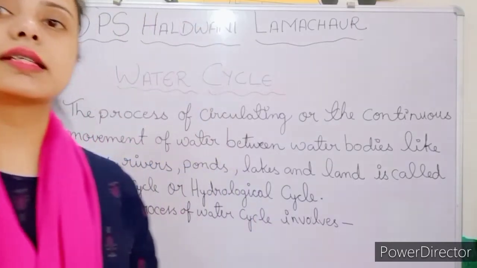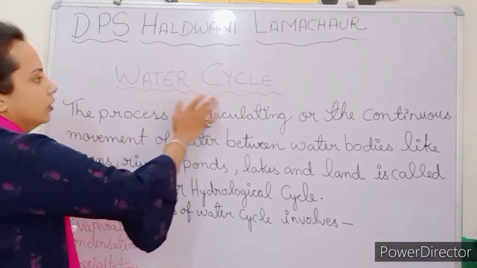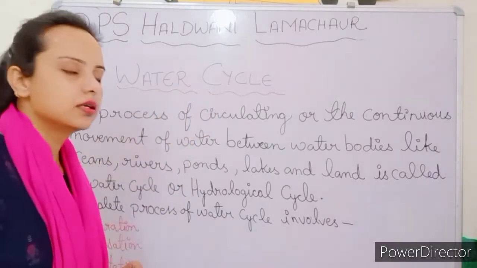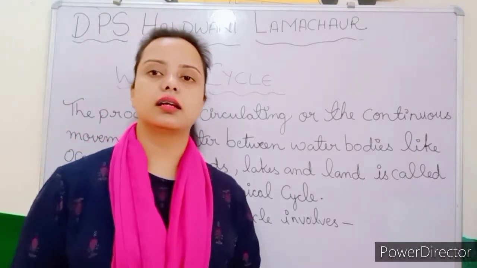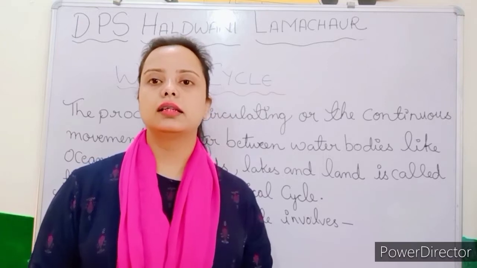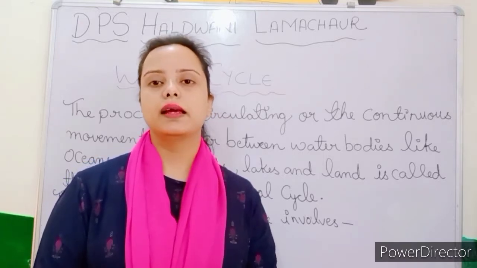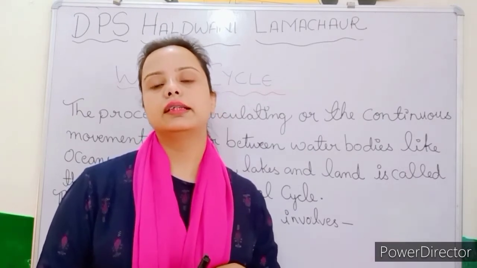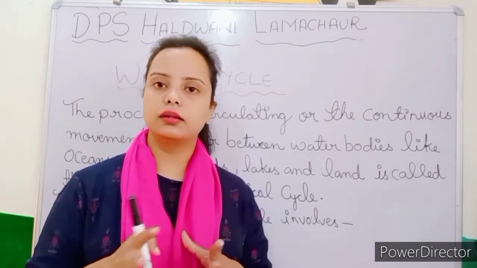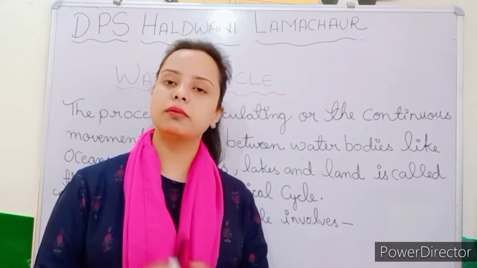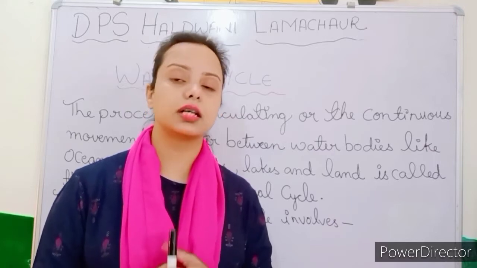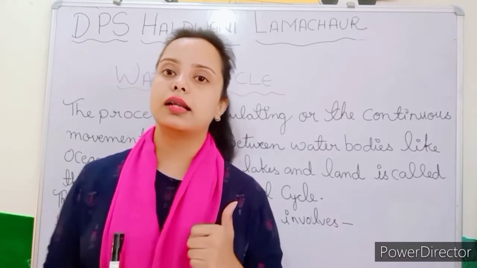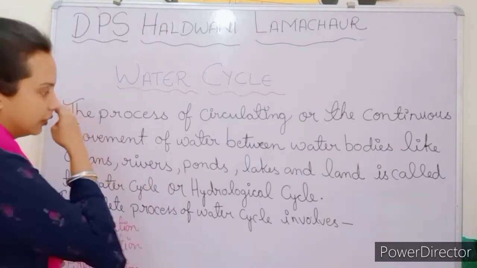So student, our next topic is water cycle. Okay, so we have understood about the water and the sources of the water and the total availability of the water on the earth, and how much of that water is suitable for us for consuming. So now let's discuss the water cycle.